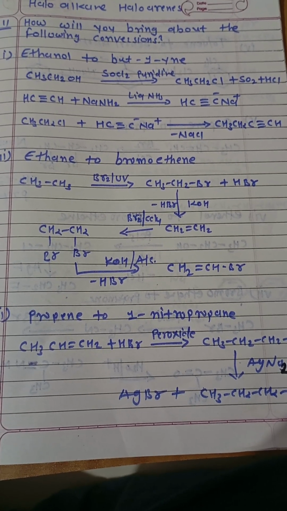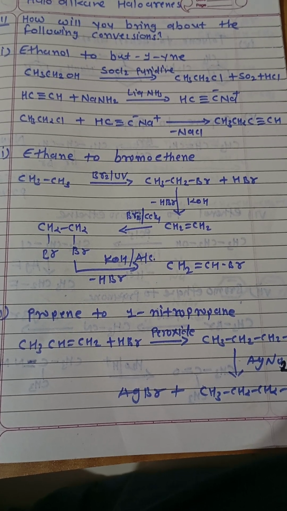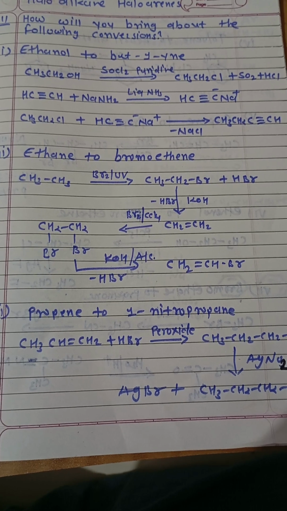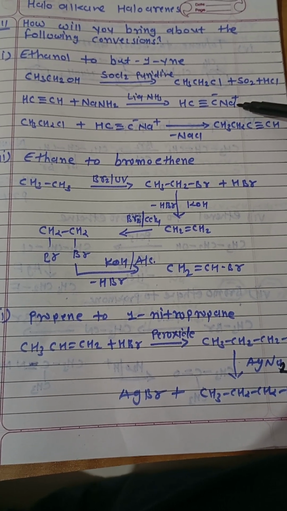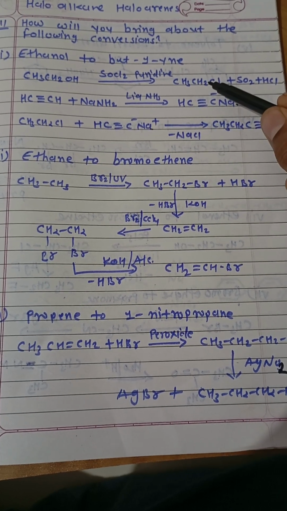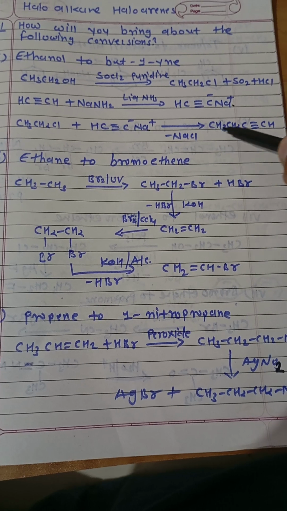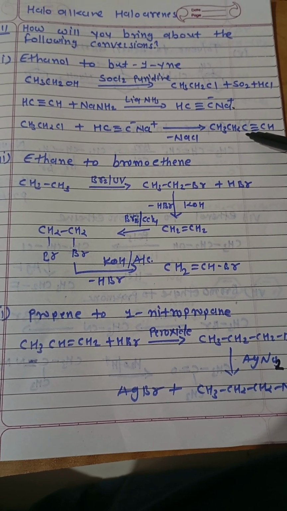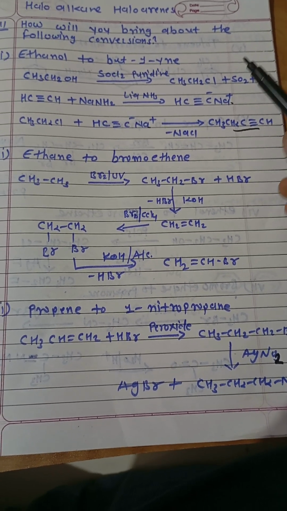So first we make sodium acetylide: ethyne reacts with sodamide in the presence of liquid ammonia to form sodium acetylide. This sodium acetylide reacts with chloroethane, removing NaCl, to form our final product, but-1-yne.